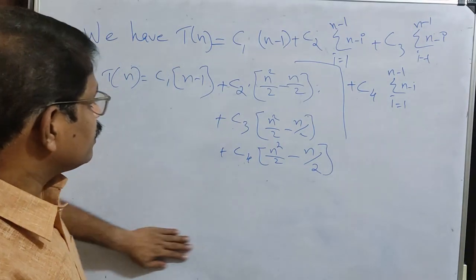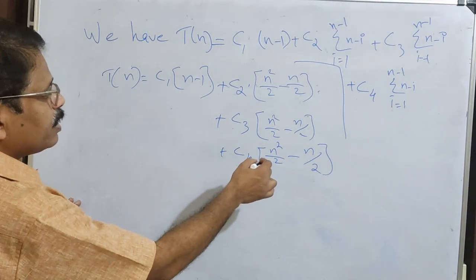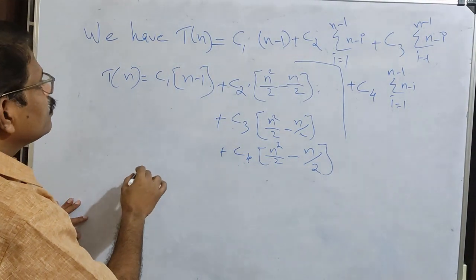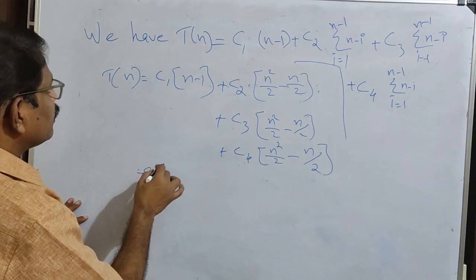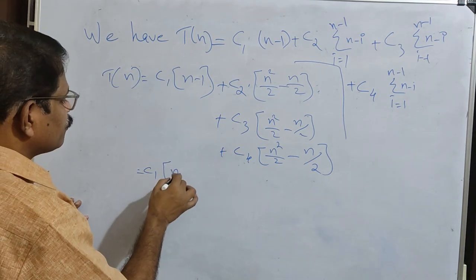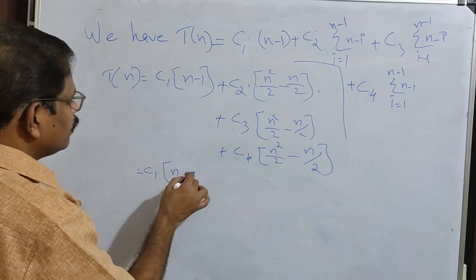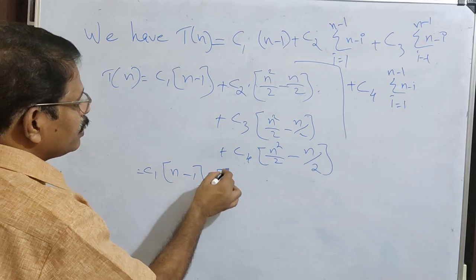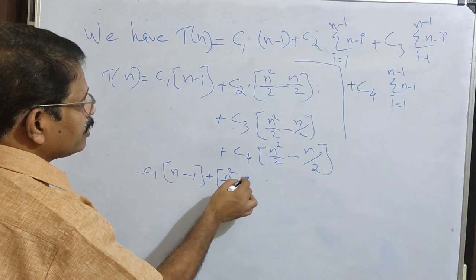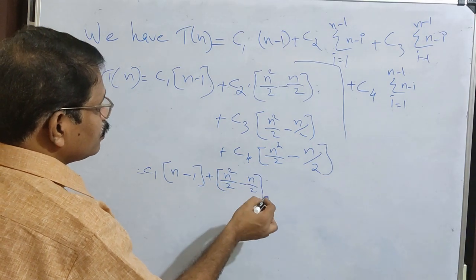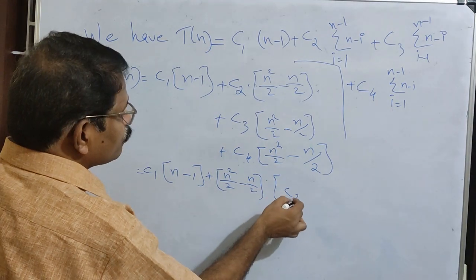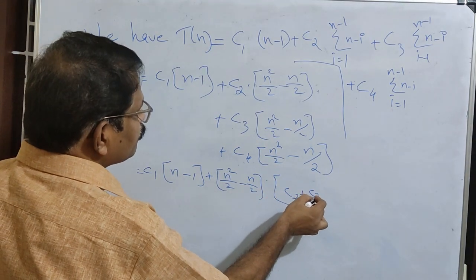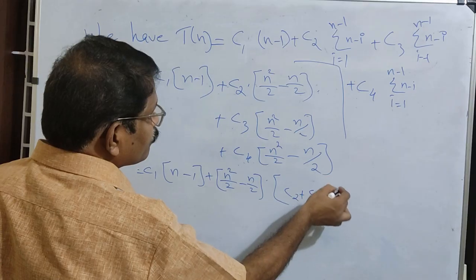Let us take this n square by 2 minus n by 2 common. So it will be C1 into n minus 1 plus n square by 2 minus n by 2 into C2 plus C3 plus C4.